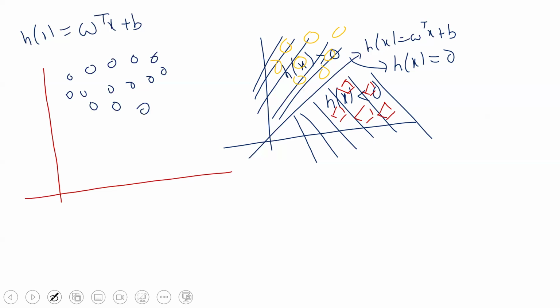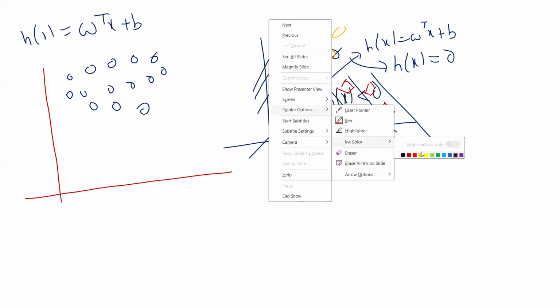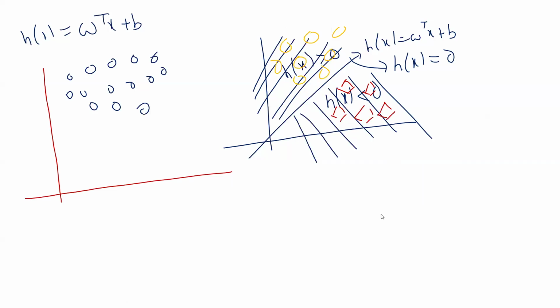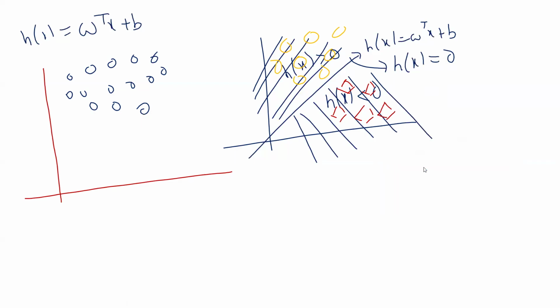One is these points, and the other one is some other data points on the other side. So on the other side, you got these data points.